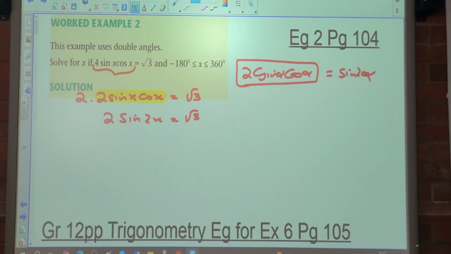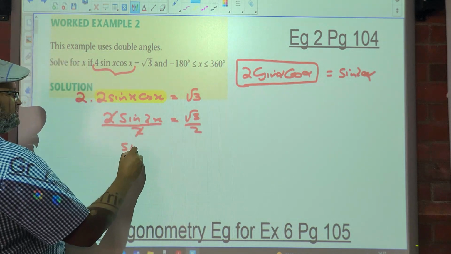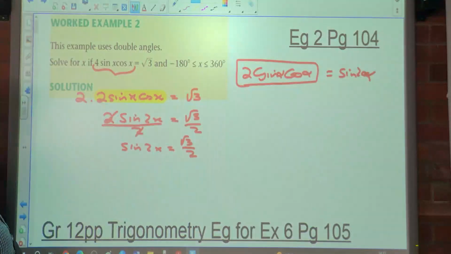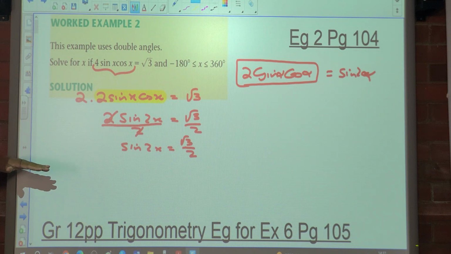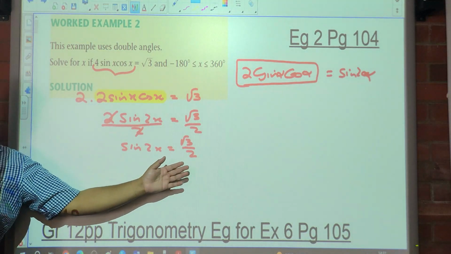Now what? Divide by 2 on both sides. That cancels. So this will give you sine 2x is equal to root 3 over 2. This is a double angle. So what do we do now? Work out our reference angle. But this is a special angle, the value of 60.